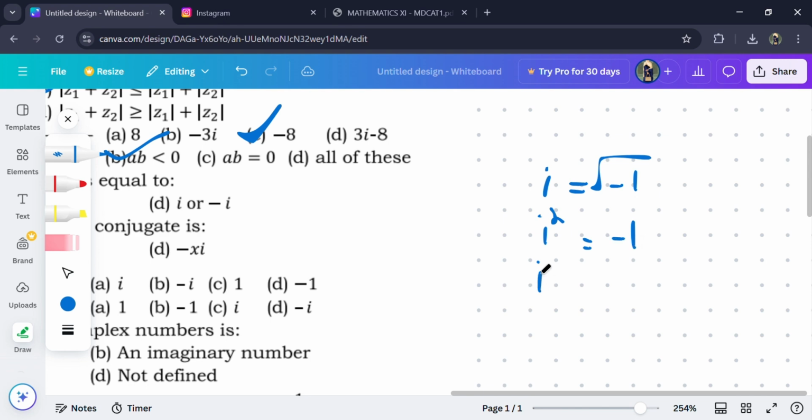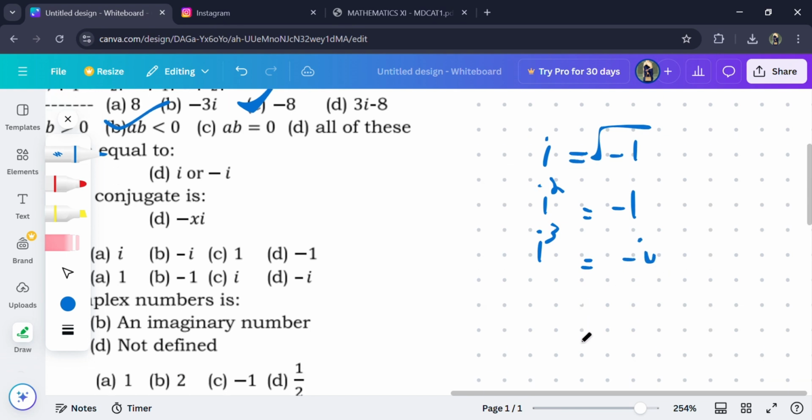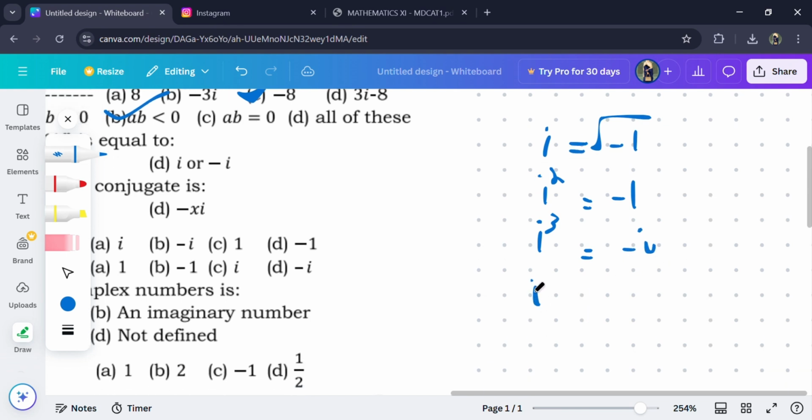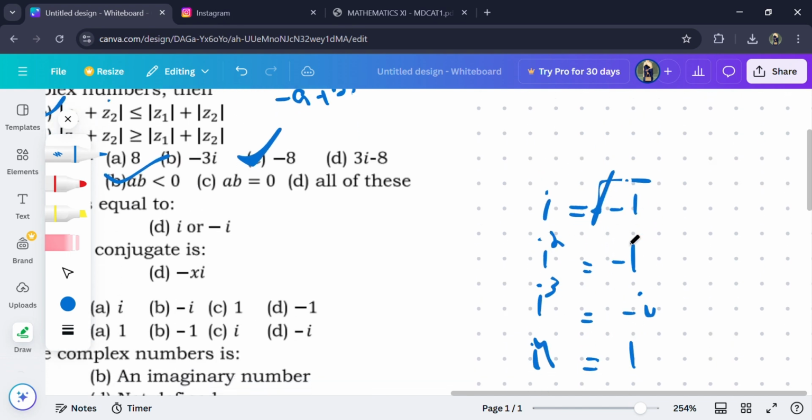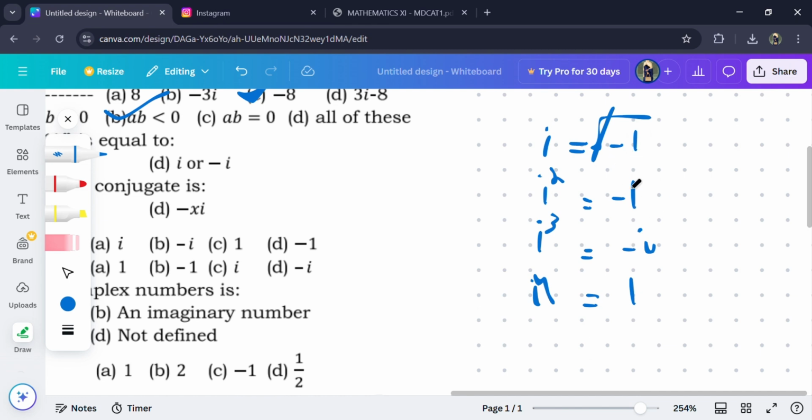I cube would be equal to minus iota, and I power 4 will be equal to positive 1.